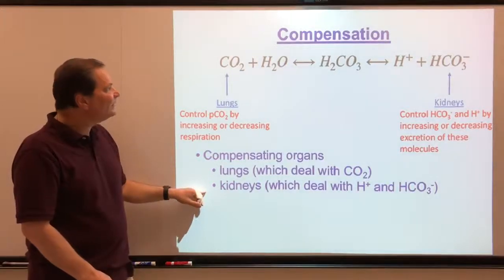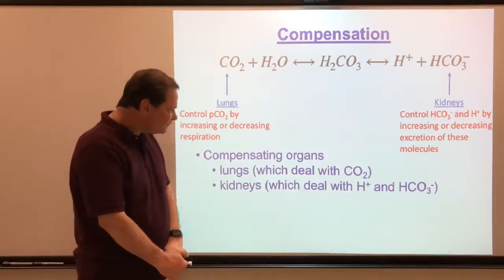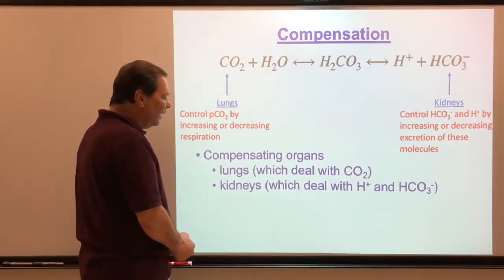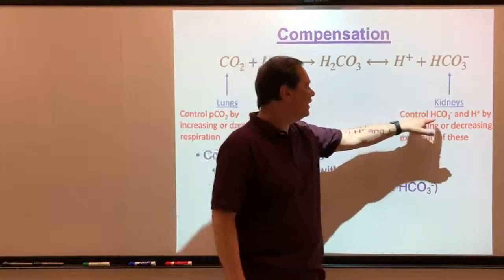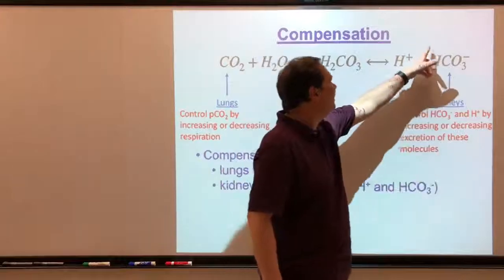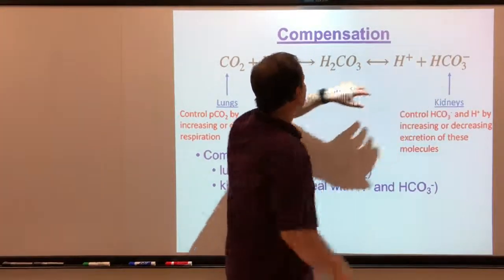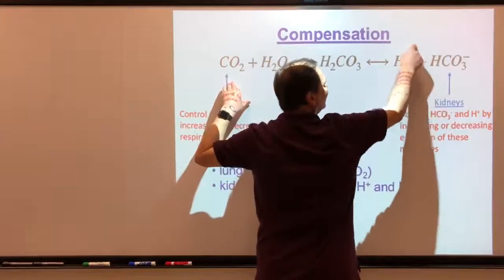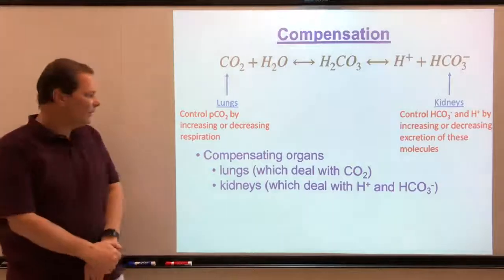In the kidneys, if you have an alkalosis, then one thing that you can do is increase the excretion of bicarb. That will drop this bicarb concentration, shove this equation again to the right and increase your hydrogen ion concentration and bring it back to normal.